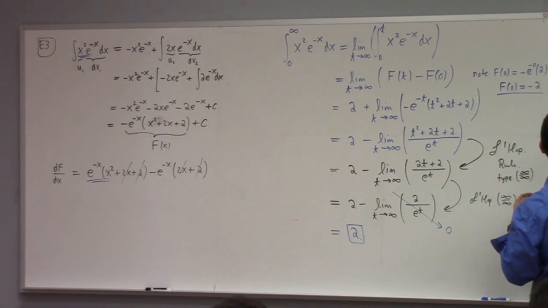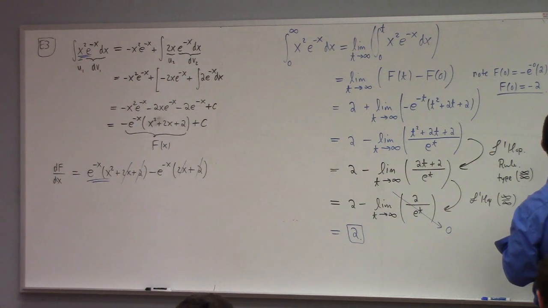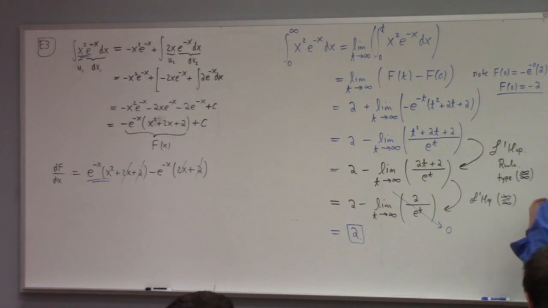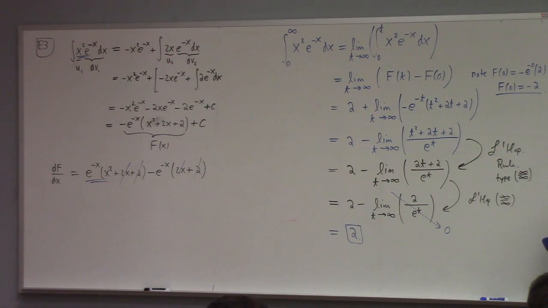All right, so I think it was example 3. I can't remember. Example 6, 7, whatever it was. Anyway, example. Let's work out the integral of, let's say, e to the minus x cosine of, say, 4x dx, all right?